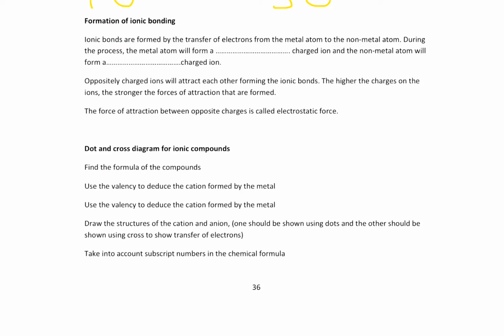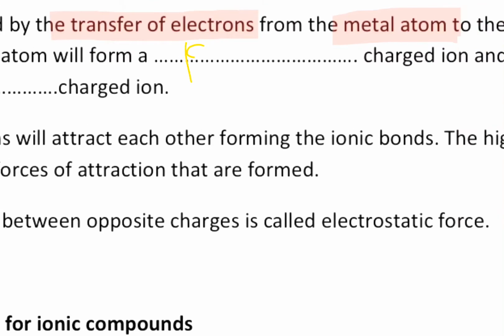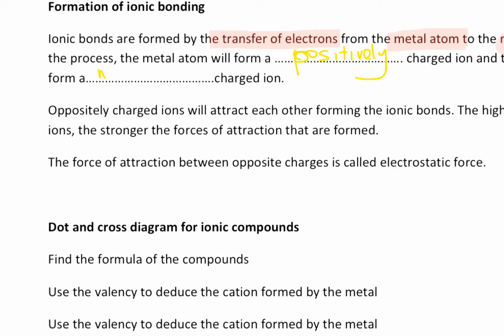So how does ionic bonding form? Ionic bonds are formed by the transfer of electrons from the metal that has extra electrons to the non-metal that lacks electrons. During the process, the metal will form a positively charged ion, and the non-metal will form a negatively charged ion.